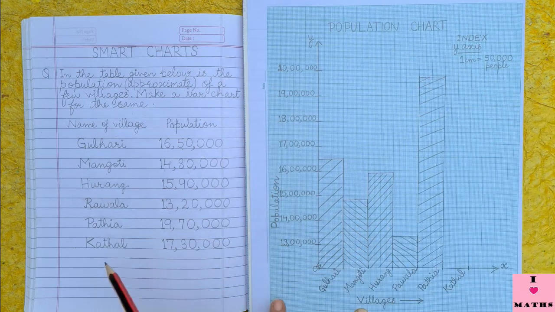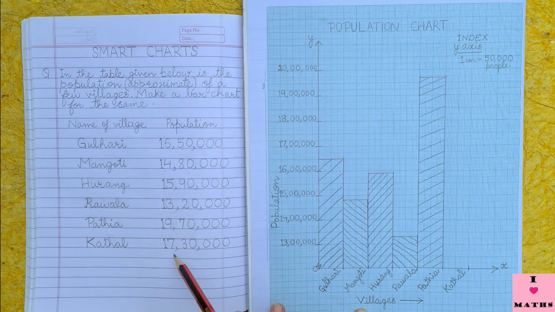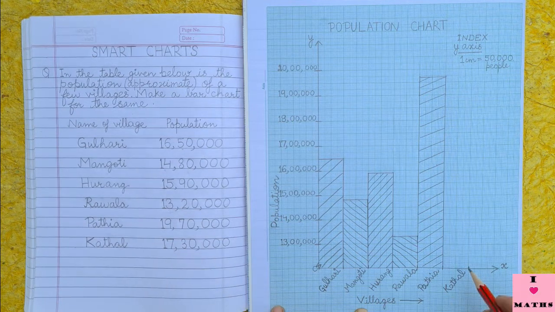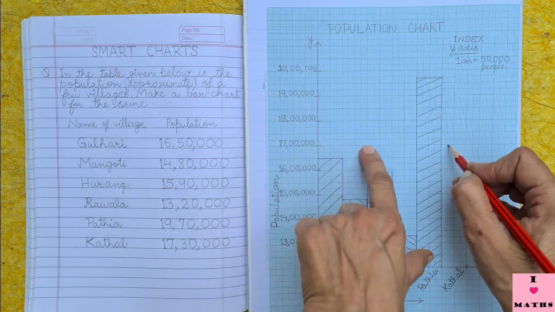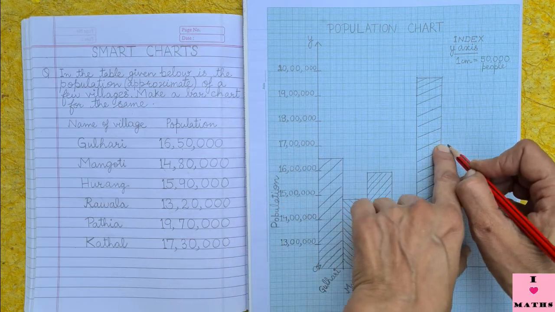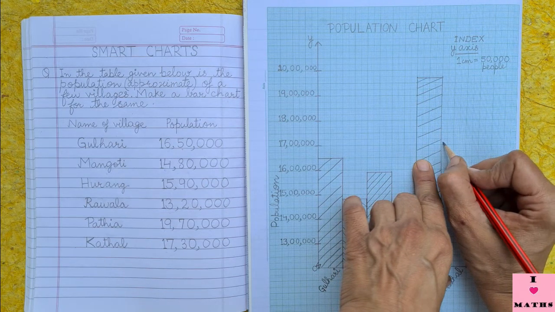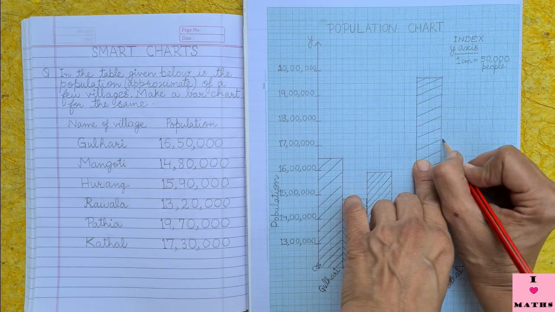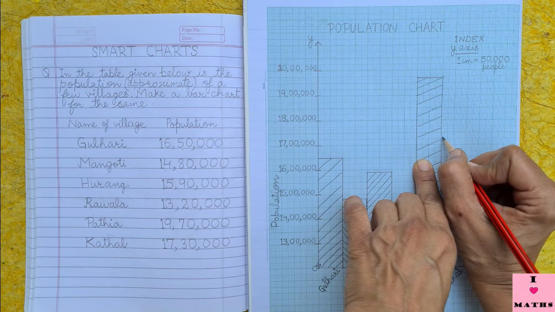Now the last bar is left. The population of Kathal is 17 lakh 30,000. So we will come to 17 lakh first. See, this is 17 lakh, and after 17 lakh, 10,000, 17 lakh 20,000, and this is 17 lakh 30,000.